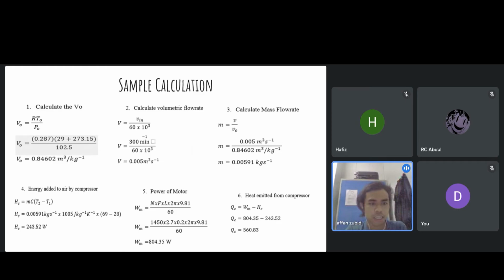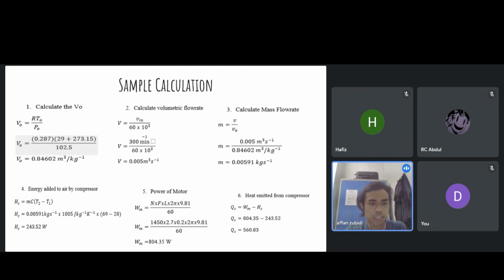The second step is we should calculate the volumetric flow rate. Volumetric flow rate V inch equals 300 per minute, divided by 60 times 10 power of 3.